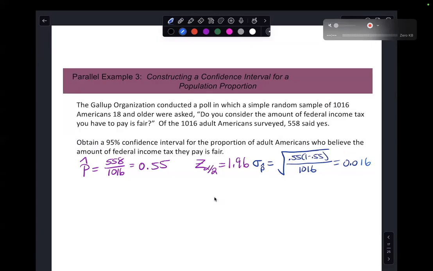So remember, the way that we're going to write our margin of error, my margin of error is going to be my z sub alpha divided by 2 times my standard deviation. So it's 1.96 times 0.016. This is going to give me my margin of error.